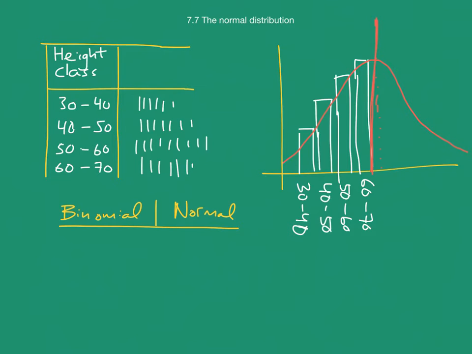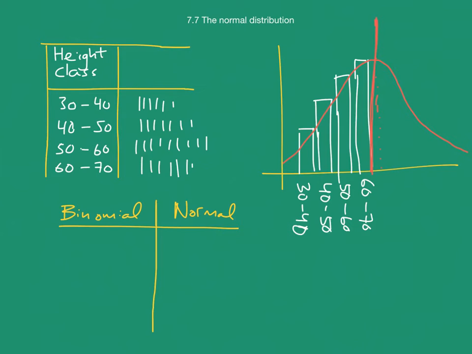Another difference is that the normal distribution is often observed in nature. So we find this very often in the natural world, and it's therefore good for making predictions. So you could take a smaller sample and you could say something more general about the population as a whole.